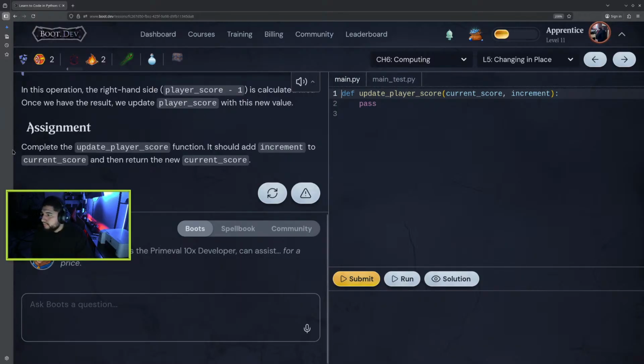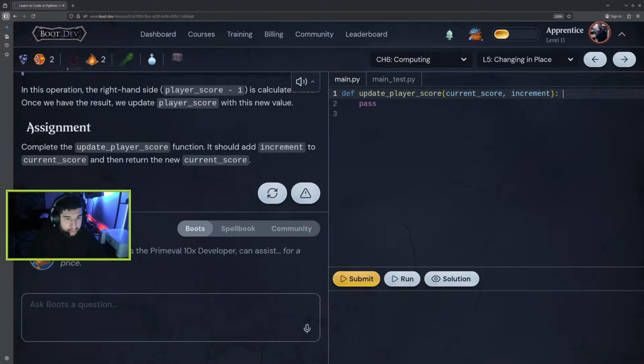Assignment. We got to complete the update player score function. It should add increment to current score and then return the new current score. Alright, so the current score and increment are already named, and we got to return the new current score.